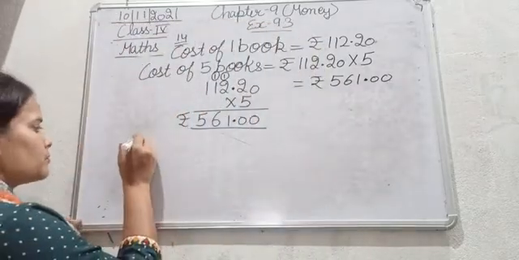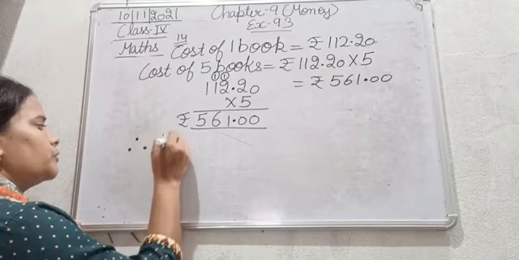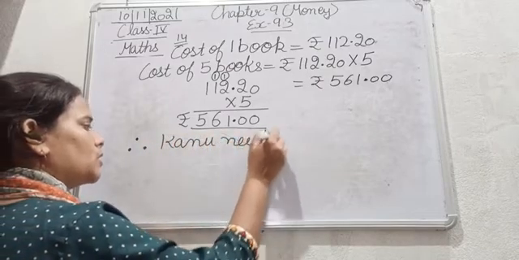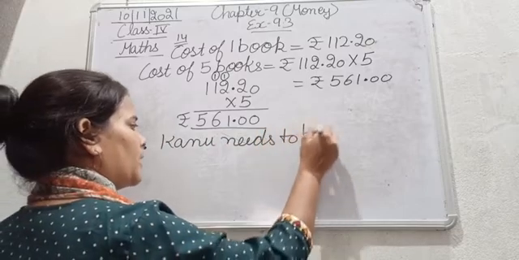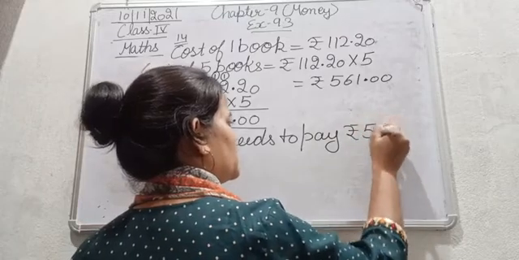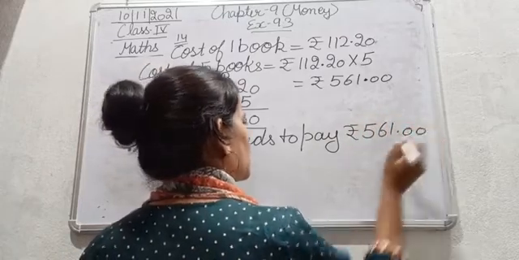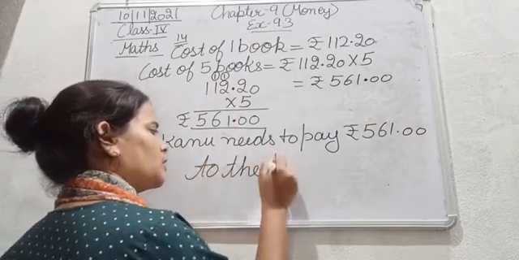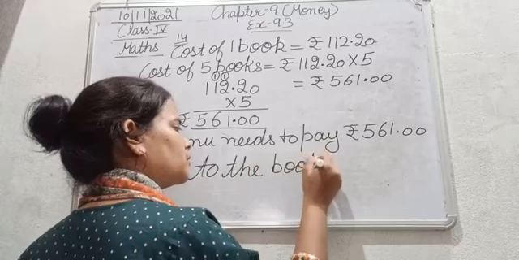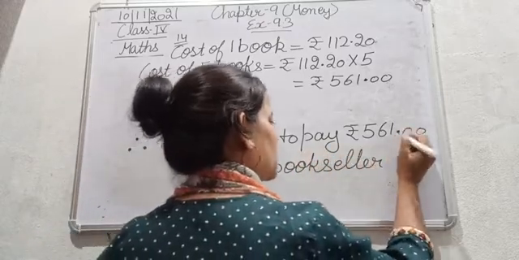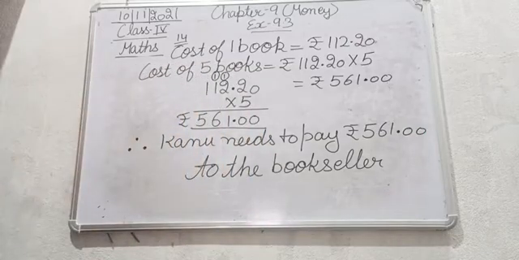Therefore, Kanu needs to pay 561 rupees to the bookseller. Okay, so this is the money that Kanu needs to pay to the bookseller. So this is the solution of the question.